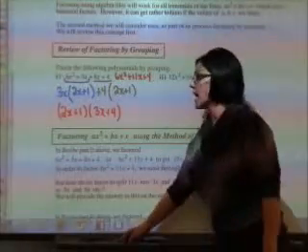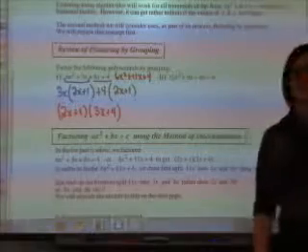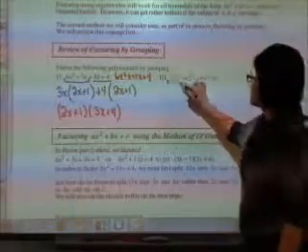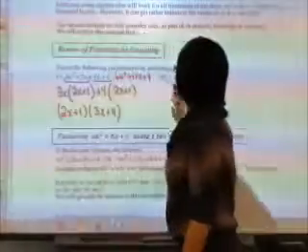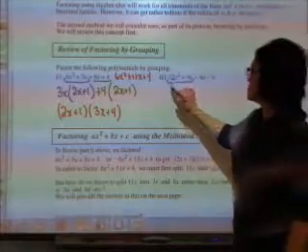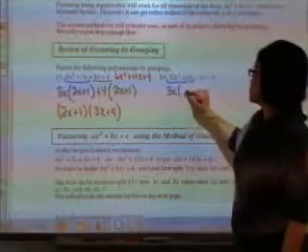So now if I look at my 12x squared plus 9x minus 8x minus 6, finish this up for me. Factor by grouping to determine what my 2 binomial products would be. So if I finish this by grouping, what would I remove out of the first 2? 3x. Which would leave me with?